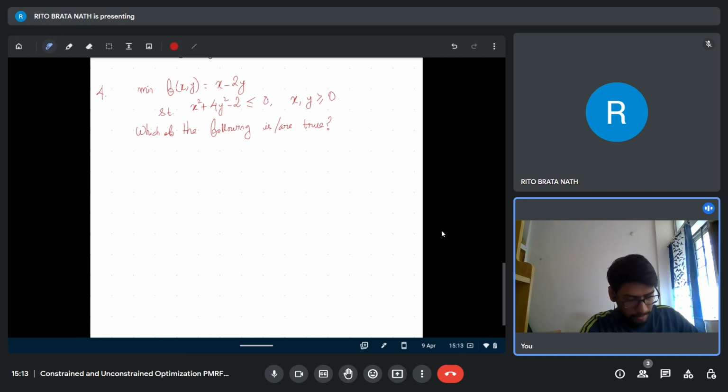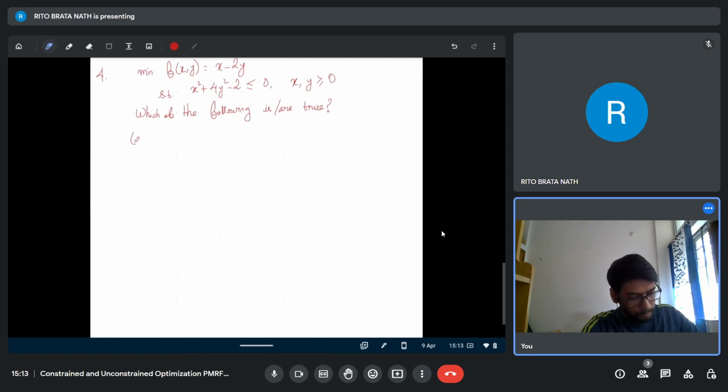So this problem has some issues actually. It says at y equals 2 by 3, I'll just write it down like this. Option A: S equals (0, 1) is descent.